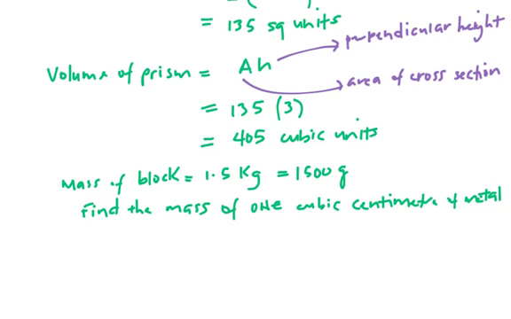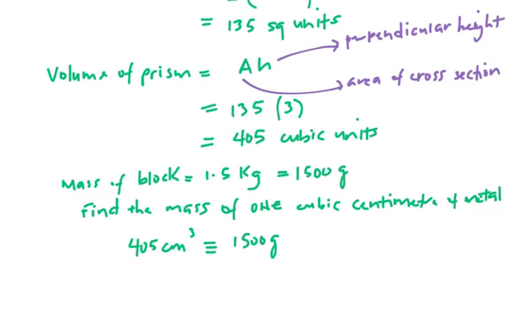So therefore, 405 cubic centimeters is equivalent to 1500 grams. Basically, I'm saying that the volume of the prism corresponds to the mass of the prism.